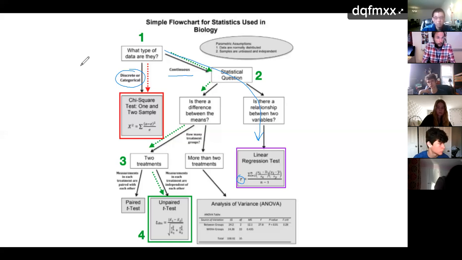Since you knew the population size, you could actually calculate the number of individuals of each genotype that existed in your population after 50 generations. And you can use this chi-square test to analyze those types of data. So literally the number of individuals that are present at a particular moment in time.